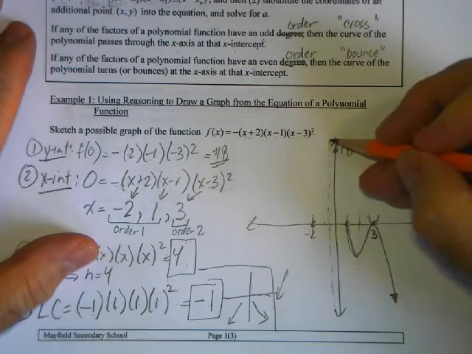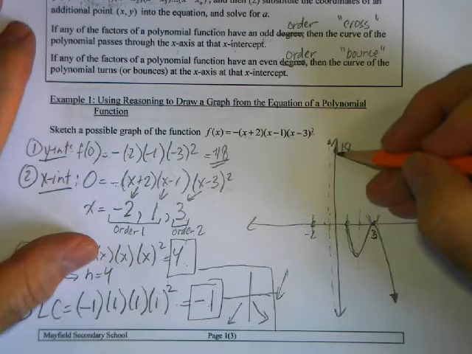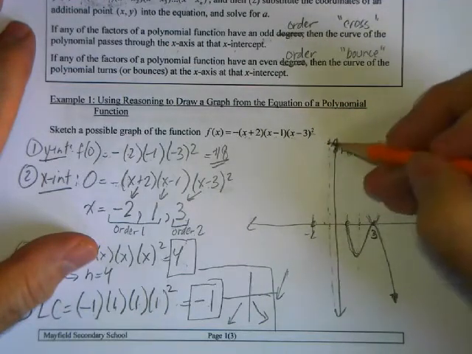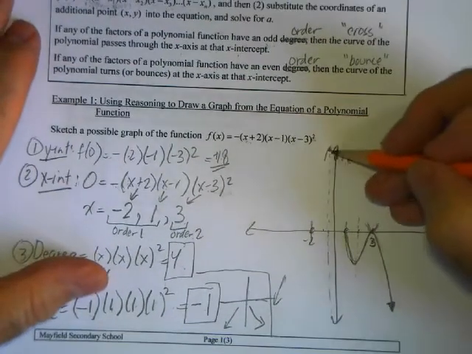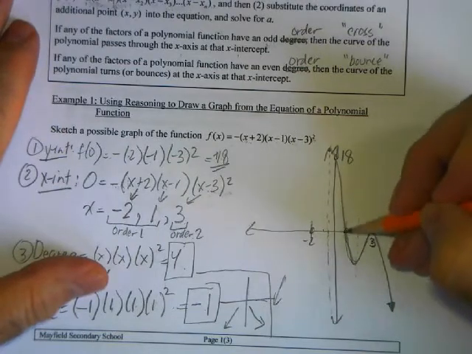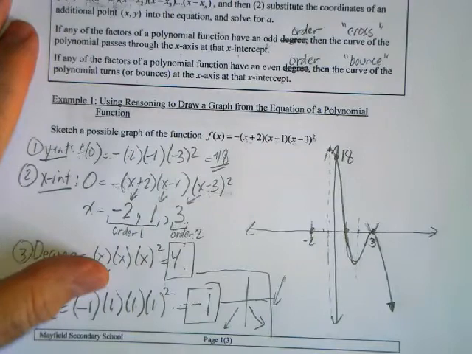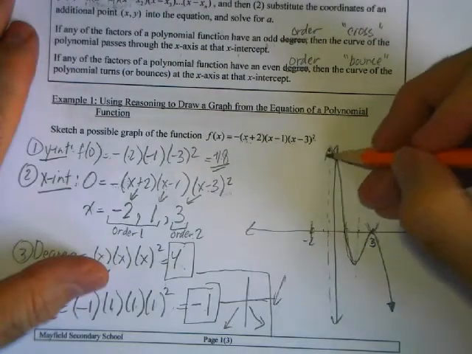So I actually don't know how high to go, just like I didn't know how low to go there, but I do know it's going to be to the left of the y-intercept. So I'm just going to make an assumption it's there. So it's going to peak right there. And so now I'm going to connect those two together. And then, like I said, it comes up to here, which is the true maximum.